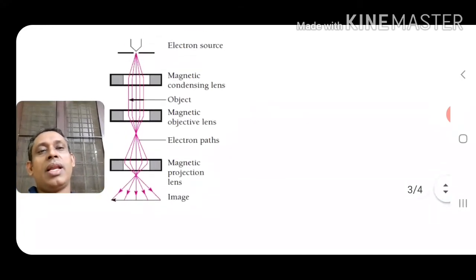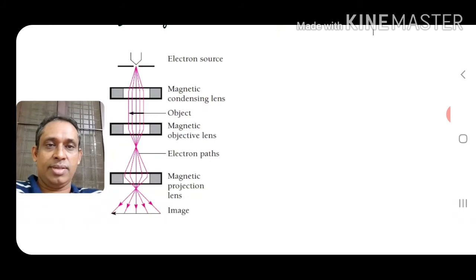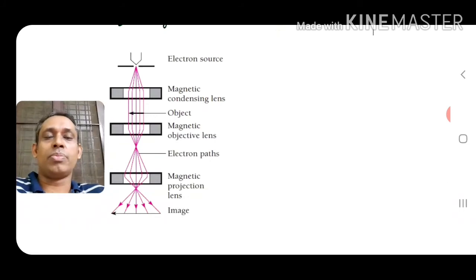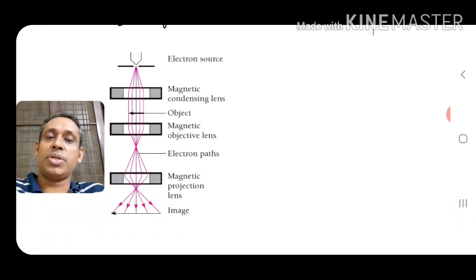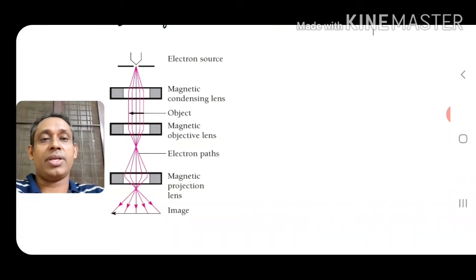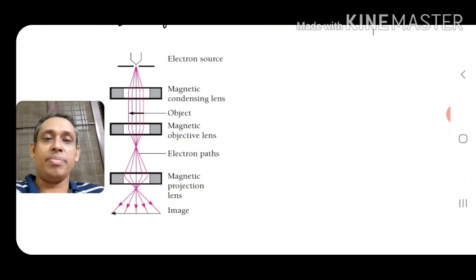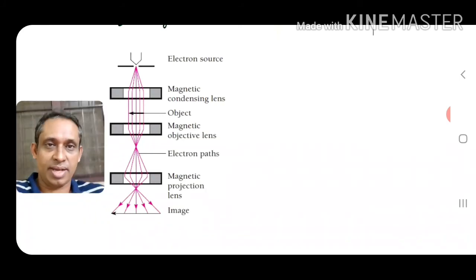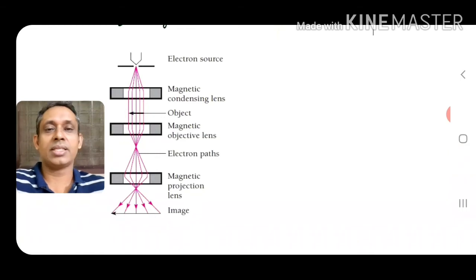The lenses used in an optical microscope cannot be used here, because what we have here is an electron beam. So what we need is a magnetic lens. The three lenses used are actually magnetic lenses.